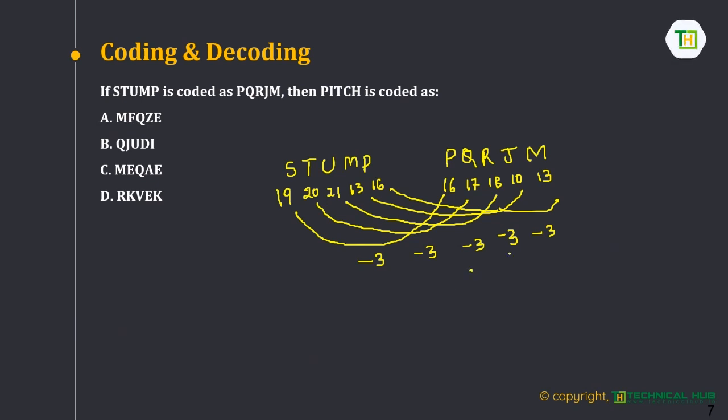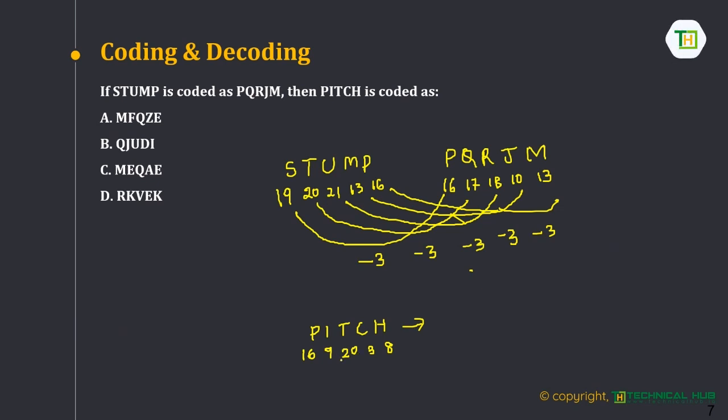The same logic is applied to PITCH. With respect to numbers, P is 16, I is 9, T is 20, C is 3, H is 8.